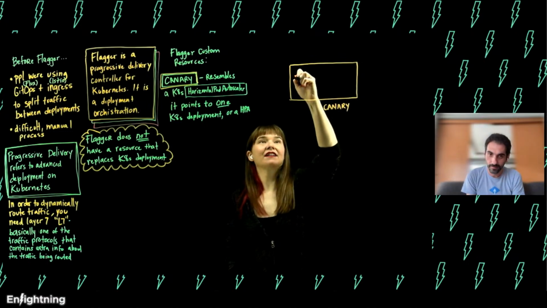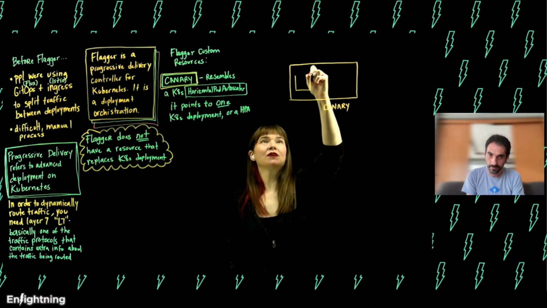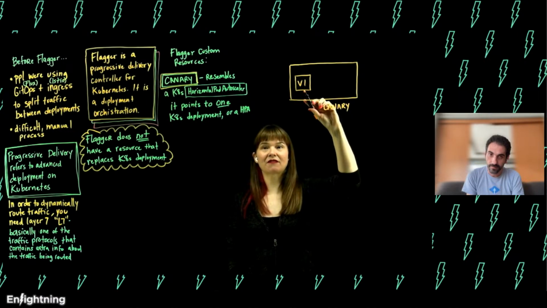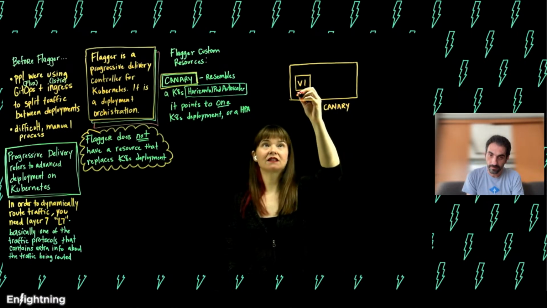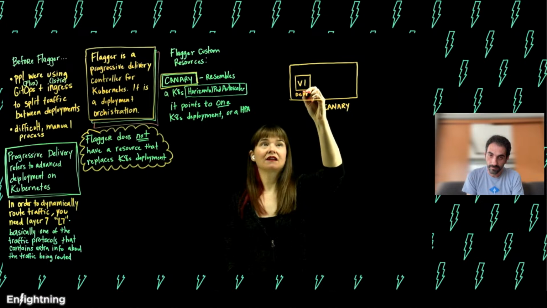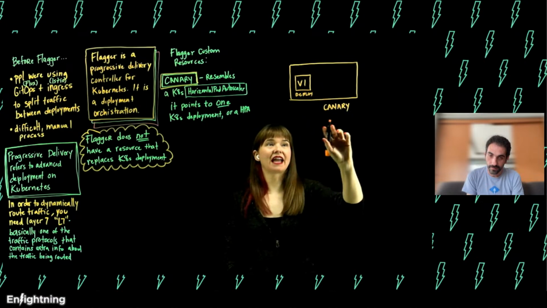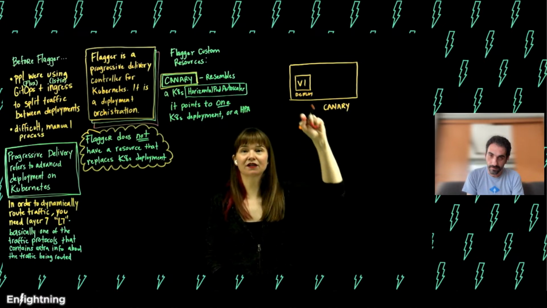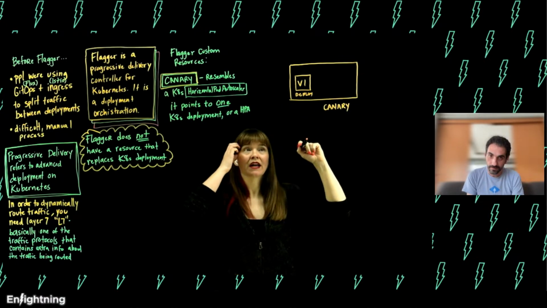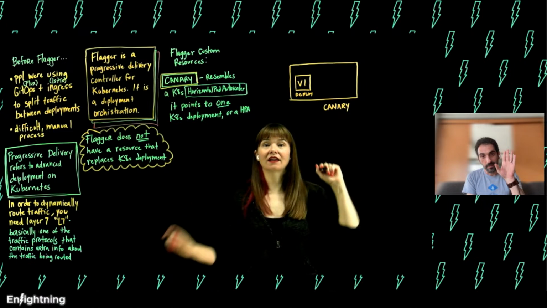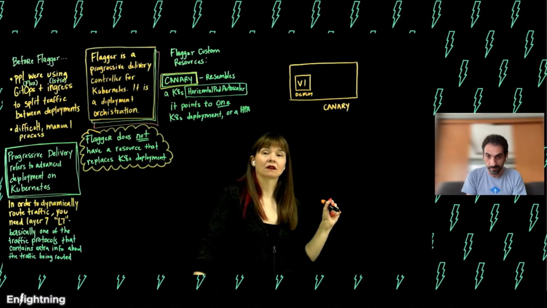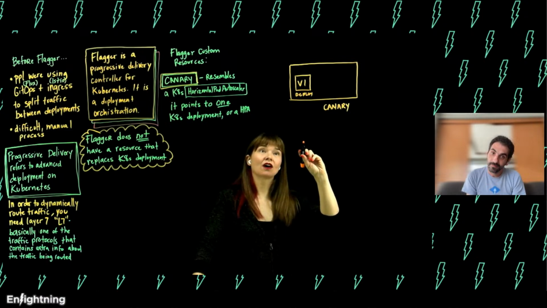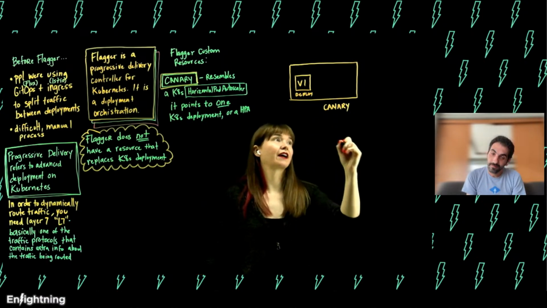So we have a V1 deployment, and our canary resource references our V1 deployment. And then the Flagger controller is watching this canary deployment at the synchronization loop. And so then it creates a clone of V1 first. So this is what it does. I'm going to write this down.